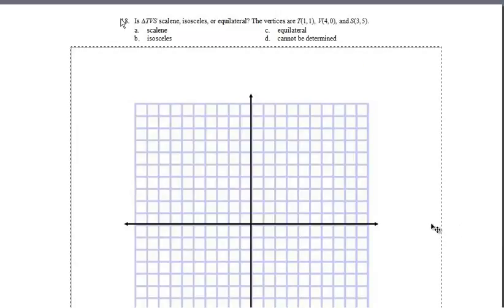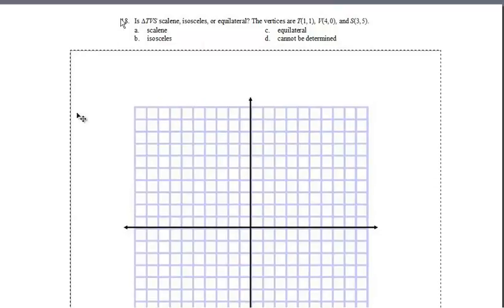Okay, in this one it says triangle TVS. Is triangle TVS scalene, isosceles, or equilateral? So it gives us these vertices: (1, 1), (4, 0), and (3, 5). So I'm just going to draw this triangle and see what it looks like. I've got the point (1, 1).